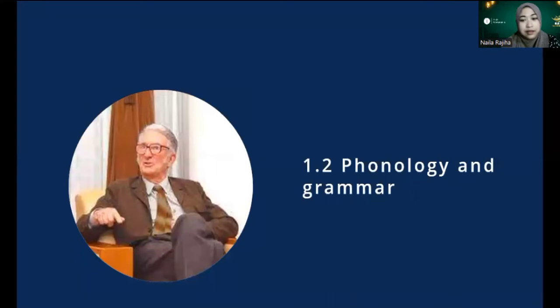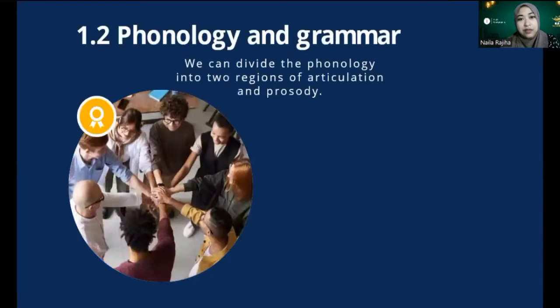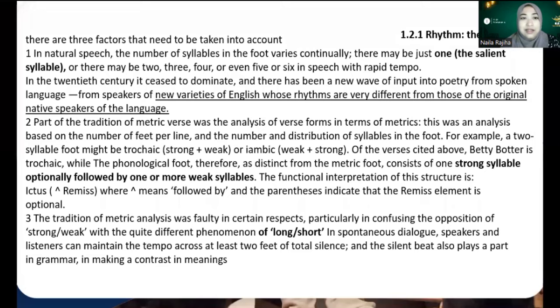Next, about phonology and grammar. The first one is the part of phonology and grammar. There are two regions of phonology. The first one is about articulation and the second one is about prosody. There are three factors that need to be taken into account. The first one is about salient and syllable.